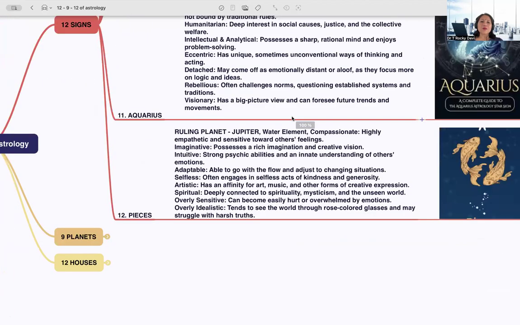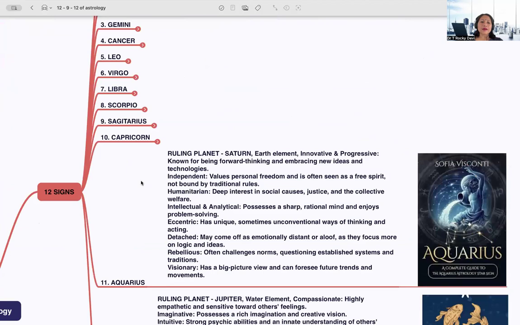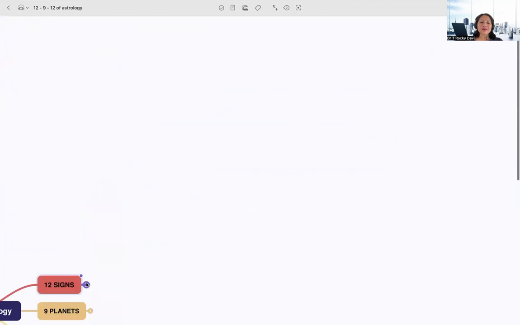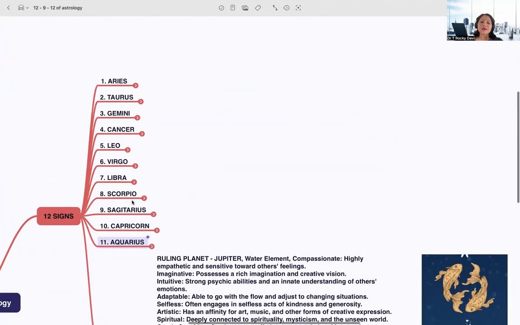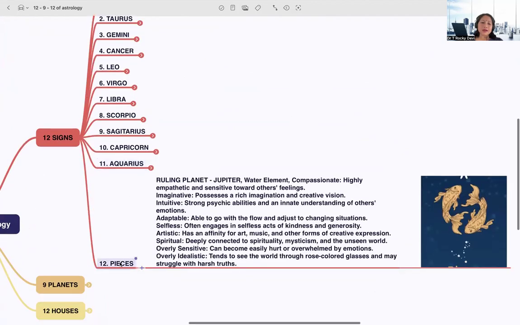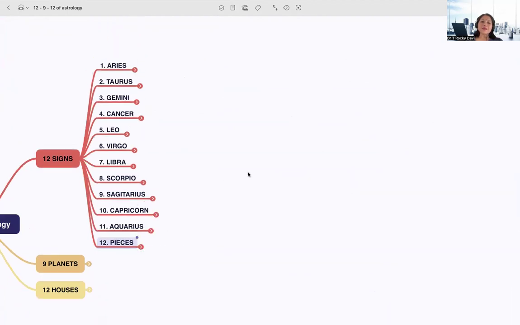So this is all I wanted to discuss with you all, that we have 12 signs, and all the 12 signs have different characteristics, but of these 12 signs, any one of the signs will be your Rasi and any one of the signs will be your Lagna. Sometimes you may have the Rasi and Lagna as the same, but definitely every one of us will have one of the signs as a Rasi and the same or another sign as the Lagna.